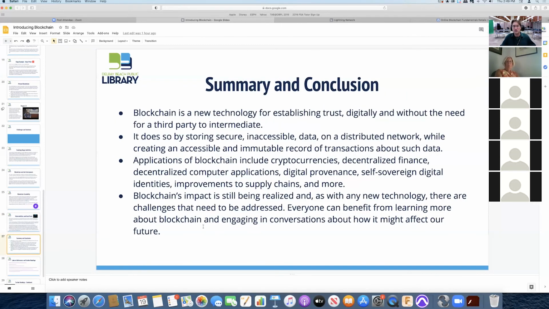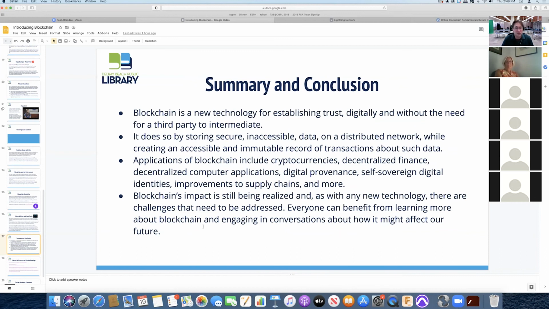To summarize everything, blockchain is a new technology for establishing trust digitally and without the need for a third party to intermediate. That's not to say that it can't be used by third parties to create trust in other ways.